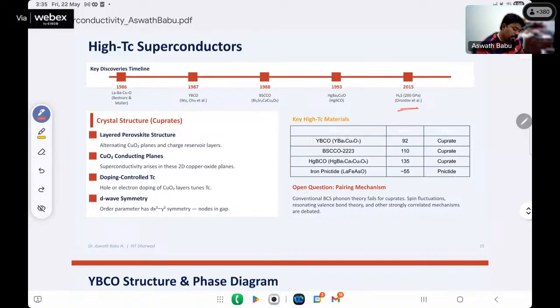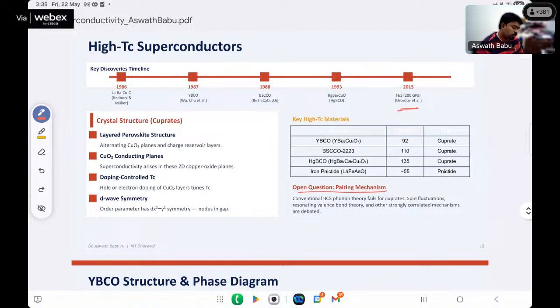The open question here is the pairing mechanism. Conventional BCS phonon theory fails for cuprates. Spin fluctuations, resonating valence bond theory, and other strongly correlated mechanisms are debated.